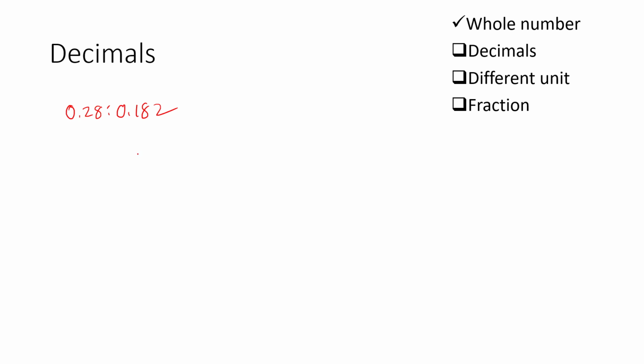But if your calculator is unable to type decimals into the denominator and numerator, you can do it the old-fashioned way. So you make them all into whole numbers. The key is to make them into whole numbers.